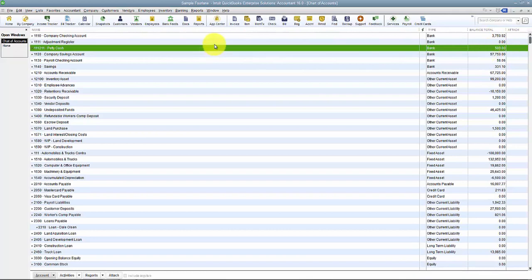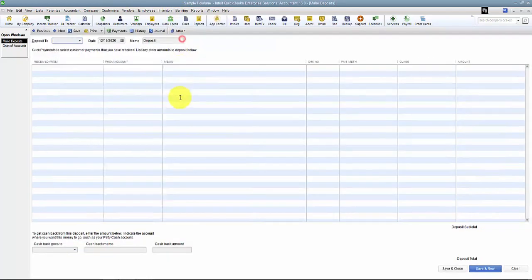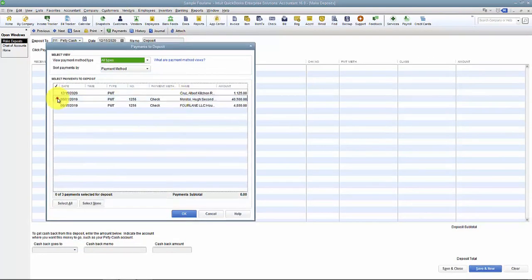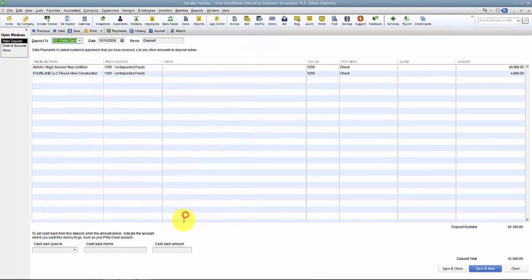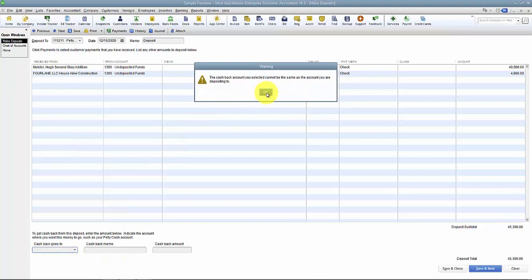A couple other ways just to hit on quickly. I can transfer funds, right? Check out the video on transferring funds. I can also, when I go in to make my deposits, let's say I'm depositing these checks. Down below here, I can say I'm depositing $45,300, but I want cash back.